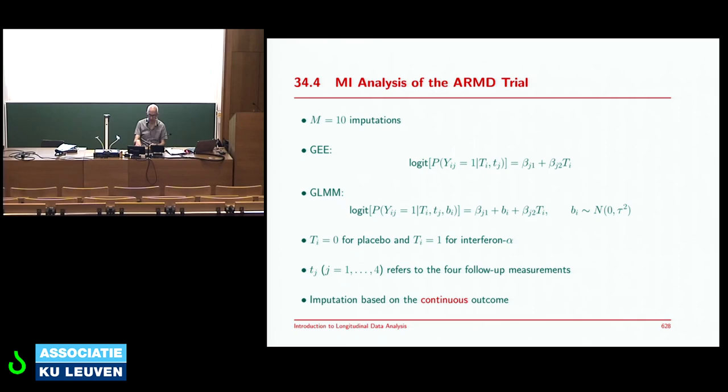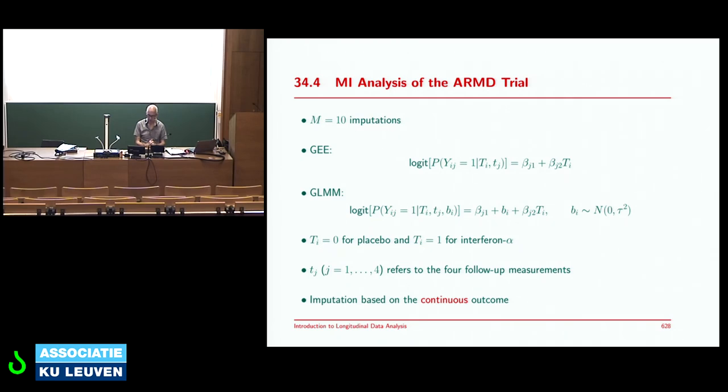But let's now switch to the age-related macular degeneration trial, which in the continuous case we have analyzed before. We've seen the data set, for example, in weighted estimating equations. If we analyze the binary data, here is a question. We have done this with weighted estimating equations.